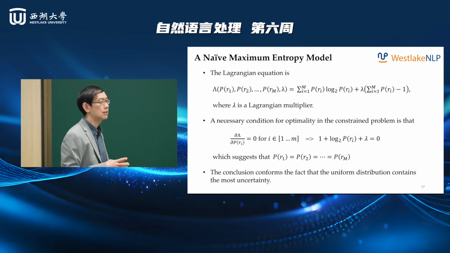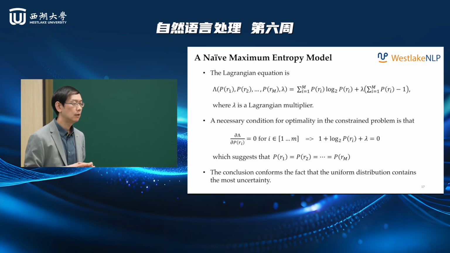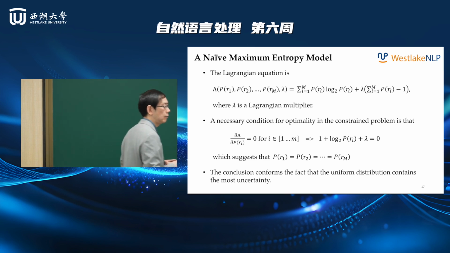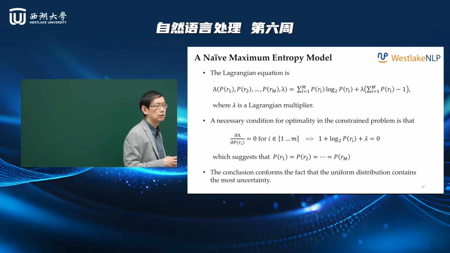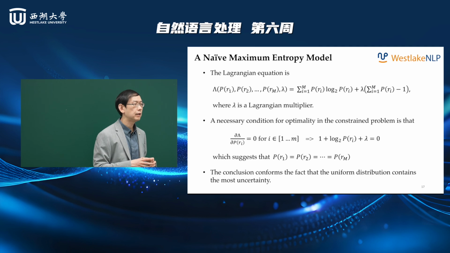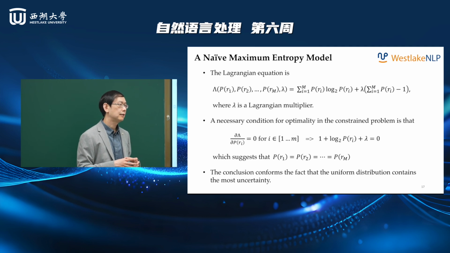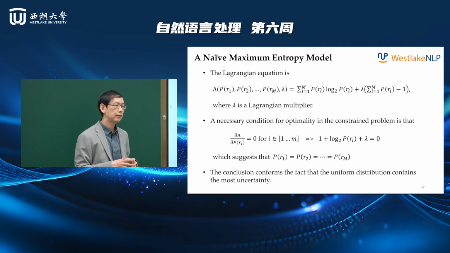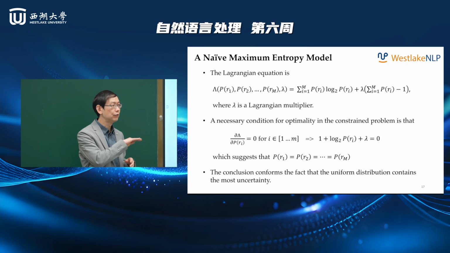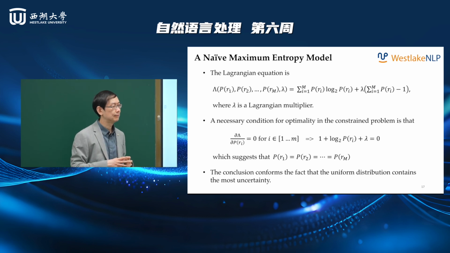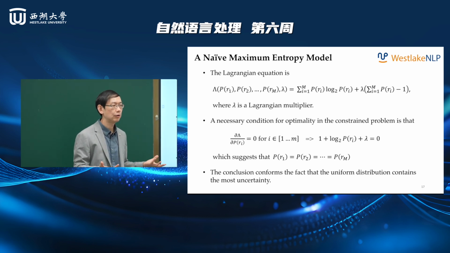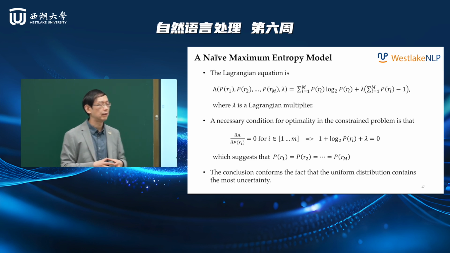So that's a very simple exercise. What conclusion did I arrive at? I mathematically proved to you that a random event with the maximum entropy is a uniform distribution, if the random variable is a categorical random variable.